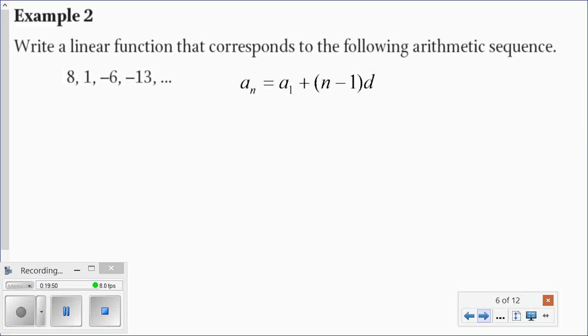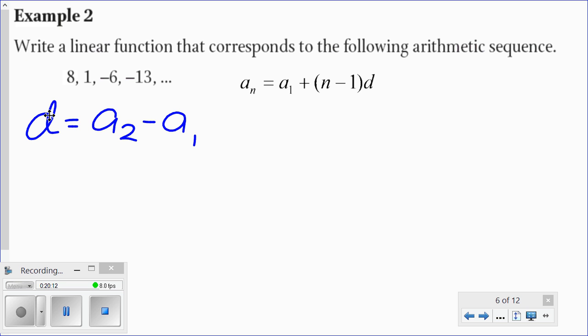Here we go. So we're going to write a linear function that corresponds to the following arithmetic sequence. So what's the first thing we have to find? The pattern, which letter does that represent? D. So we find D by taking a sub 2 minus a sub 1.